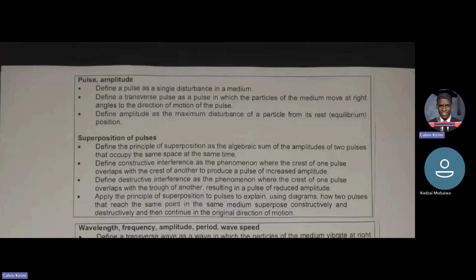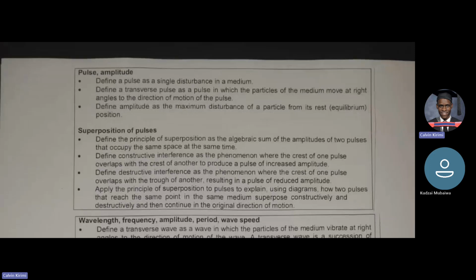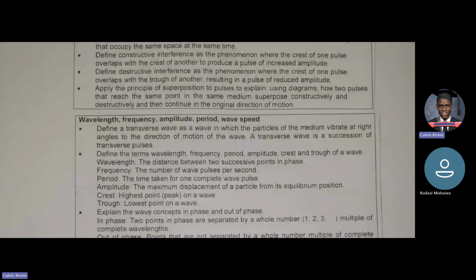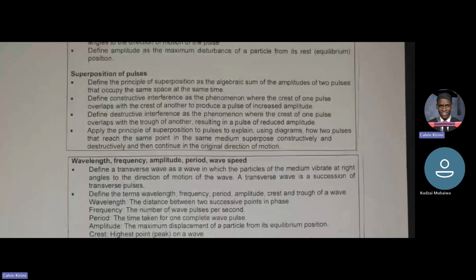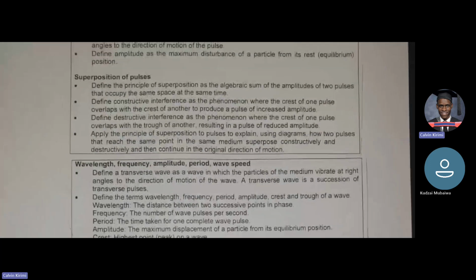That's the scope for defining terms: amplitude, maximum position, wavelength, and frequency. So these are just definitions. You must know frequency, wavelength, amplitude, period, wave speed. That is what we are dealing with in the assignment. Wavelength, lambda; frequency, F; amplitude; period of wave, T; wave speed, V. So you must know these when you are doing the calculation.